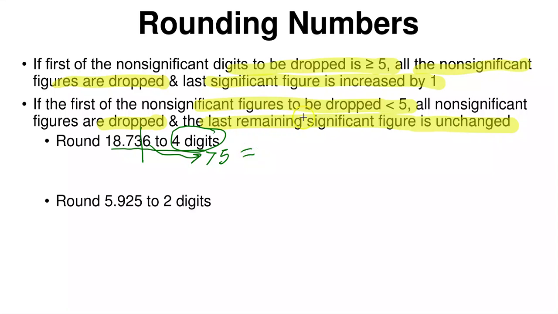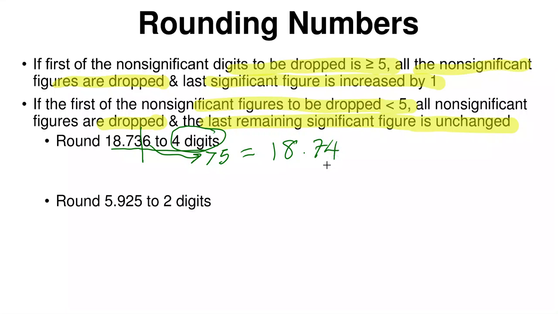So to round it off, what are we going to do? We're going to drop the 6 because we want it to be 4 digits. But since 6 is greater than or equal to 5, we're going to add 1 to the 3 and drop the 6. So we're going to round this to 4 digits to be 18.74. That is how you do that.